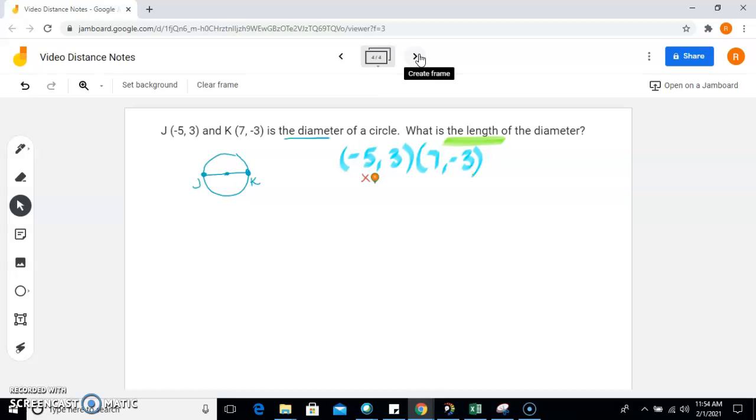That would be my x1 and my y1, my x2 and my y2. So then again, all I'm going to do is plug into my formula. X2 minus x1 squared plus y2 minus y1 squared.